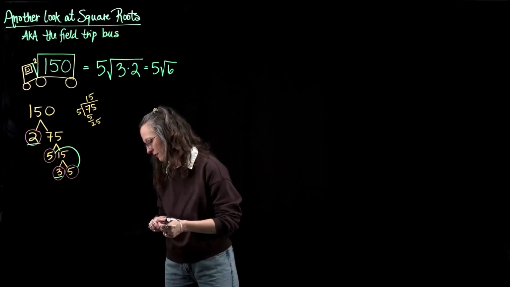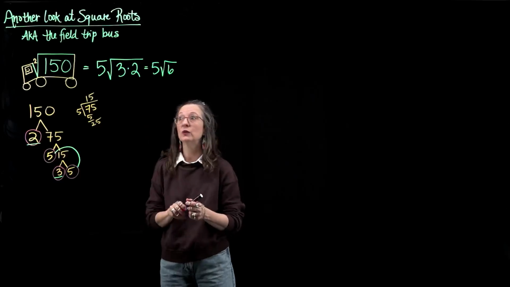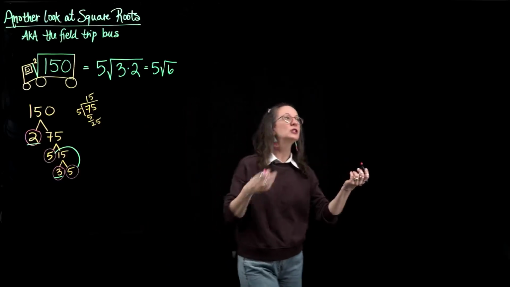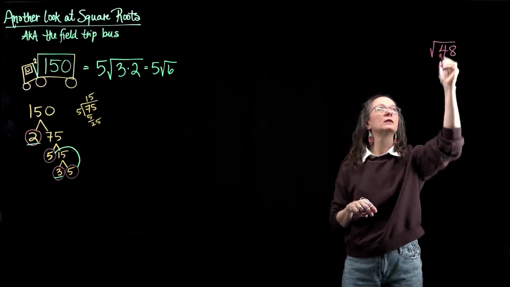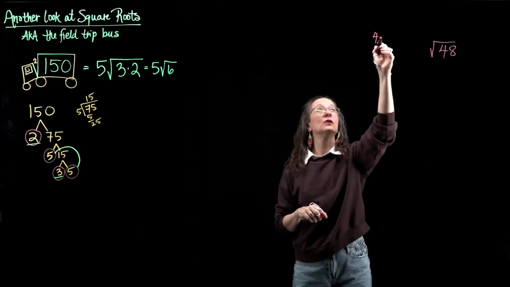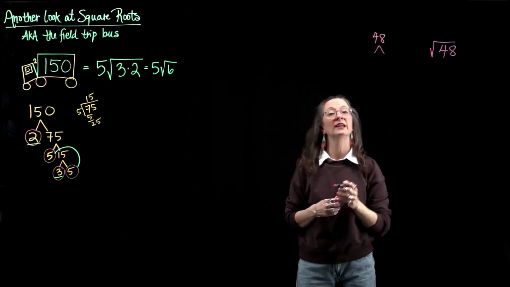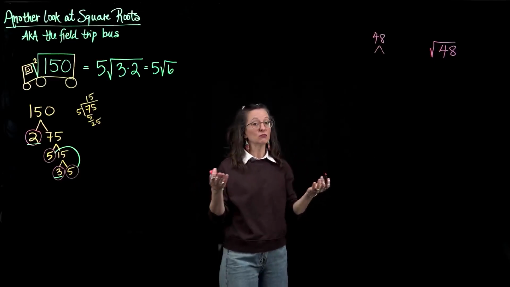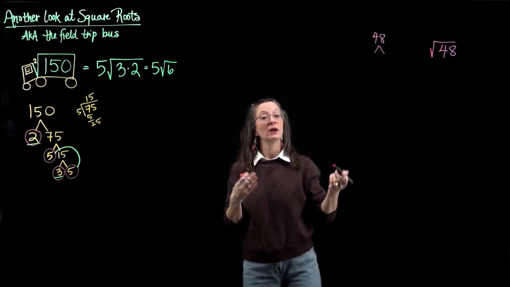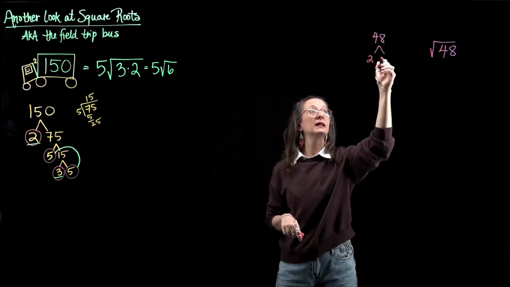Square root of 48 is a good one to take a look at, so let's approach it in the same way. I'm going to create my factor tree for 48. And remember, we don't need the biggest factor, we just need any factor. It's even, so I'm going to divide it by 2.